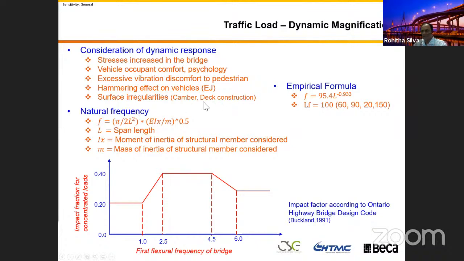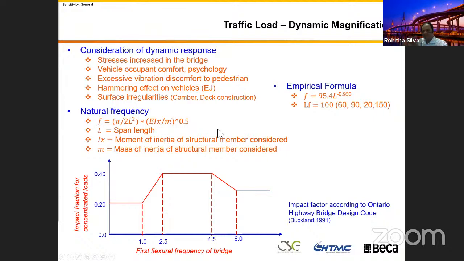The surface irregularities, as I mentioned, camber and deck construction, are quite common. That's why people use the wearing course, as we call it. We put that on to make everything level and get a smooth surface to drive on. These are some of the factors we consider when we are looking at the dynamic response.